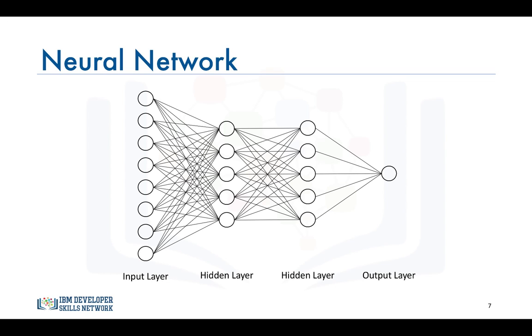Note that usually you would go with a much larger number of neurons in each hidden layer, like 50 or even 100, but we're just using a small network for simplicity. Notice how all the nodes in one layer are connected to all the other nodes in the next layer. Such a network is called a dense network.